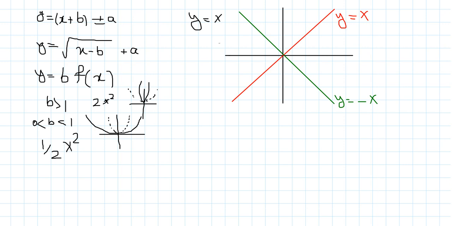Now the next graph is y equal x squared. Let's draw the shape in black.